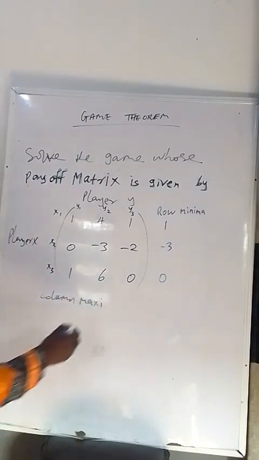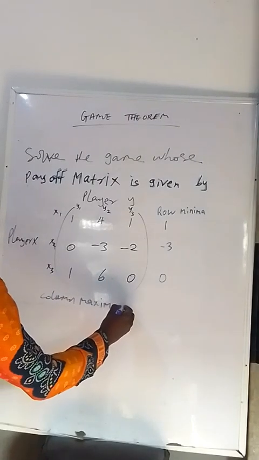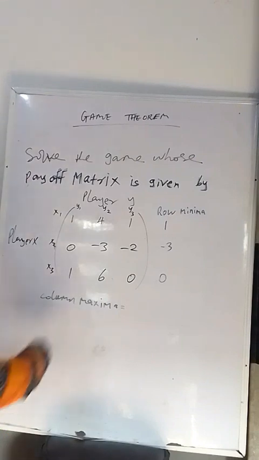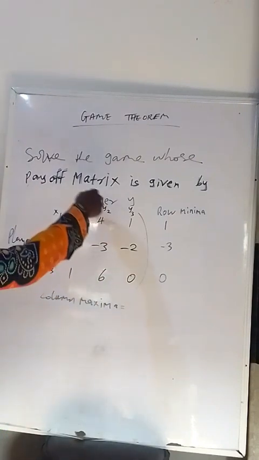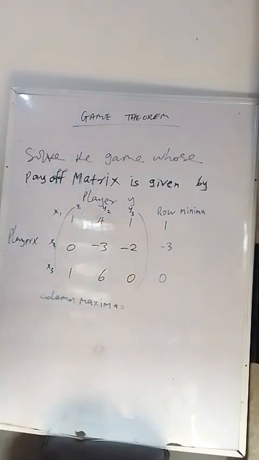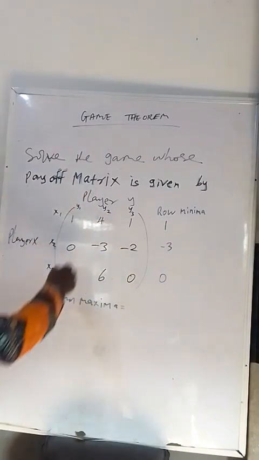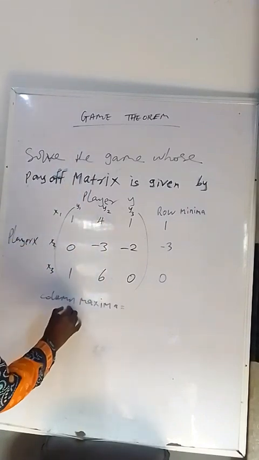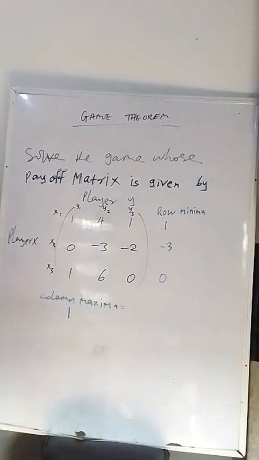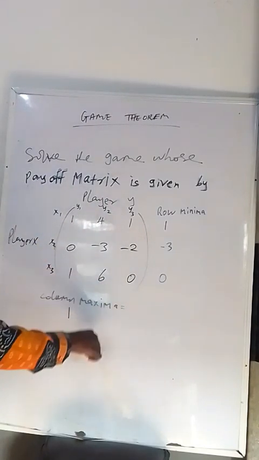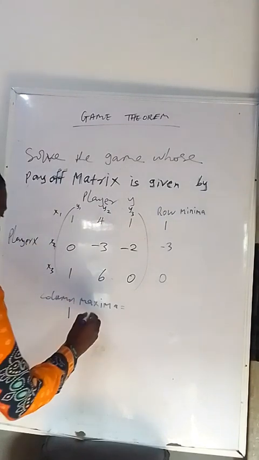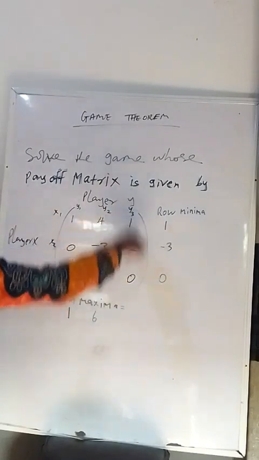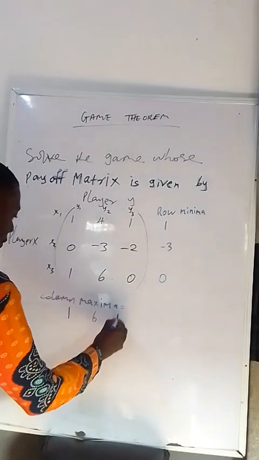Our target here is to get the maximum value among our columns. At this point, the maximum value here is 1. Checking through this one, the maximum value is 6. Checking through this one, the maximum value is 1.